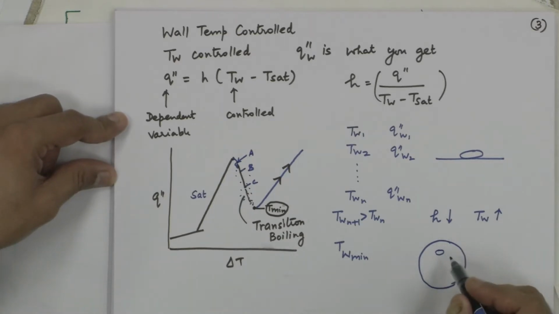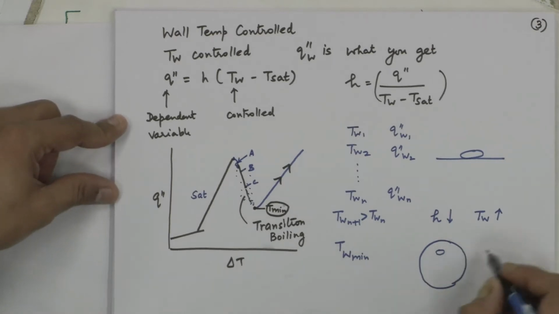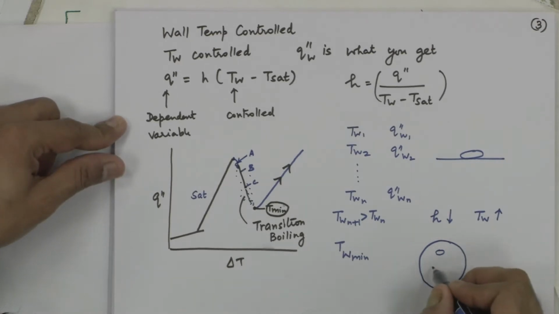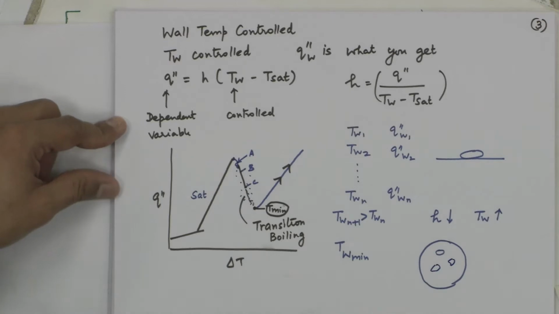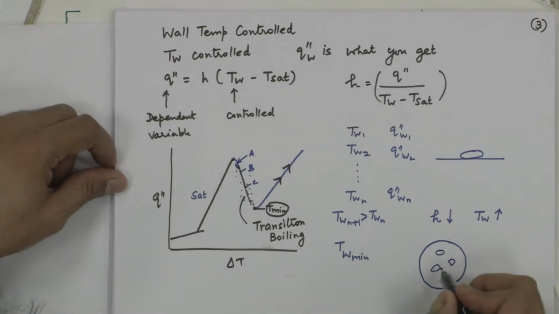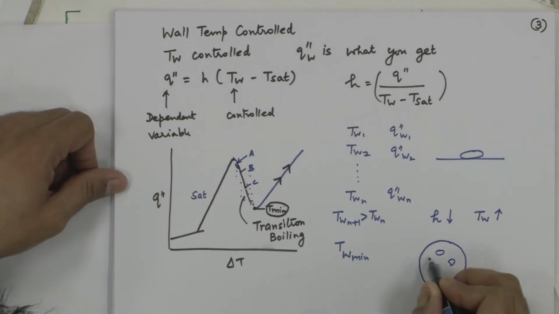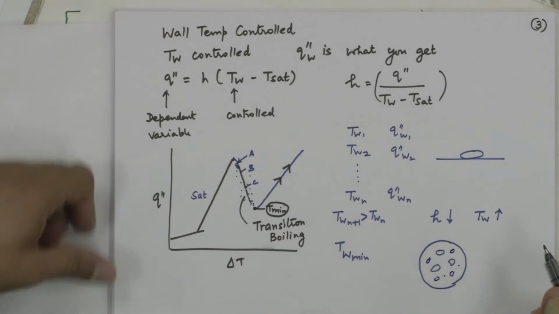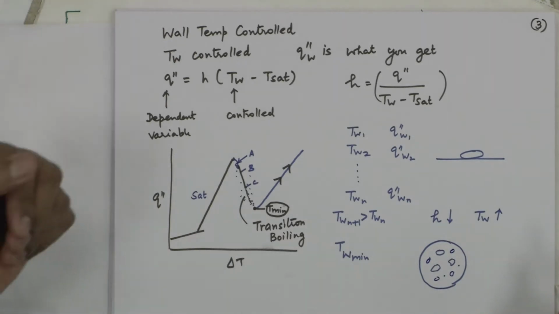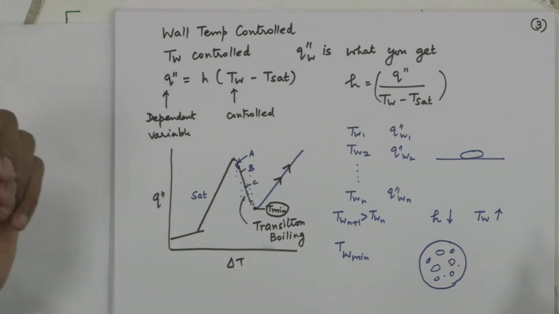Then at location B, where the wall temperature is further increased, certain other locations, maybe these two locations, start to become inactive or inaccessible to the liquid. With further increase in wall temperature, you would start to see several locations on the heated surface where liquid will not be able to come in contact with the heated surface.